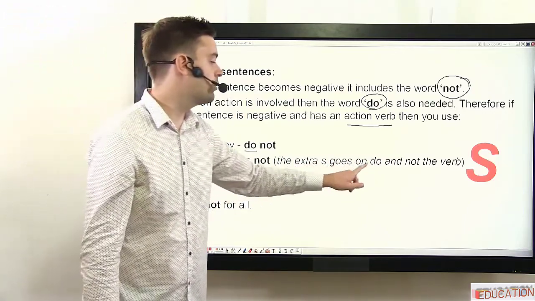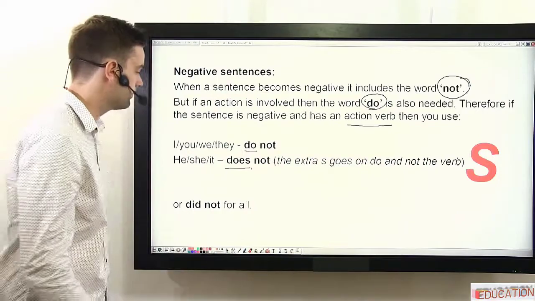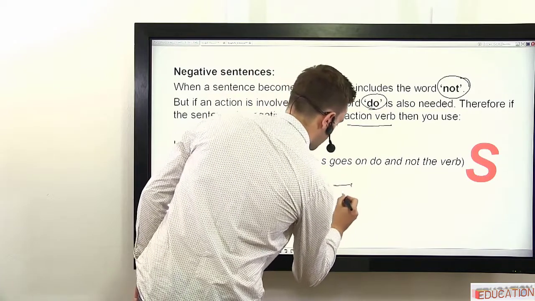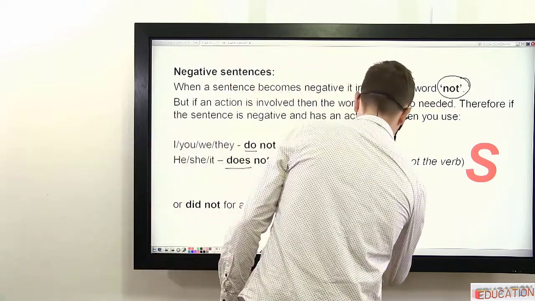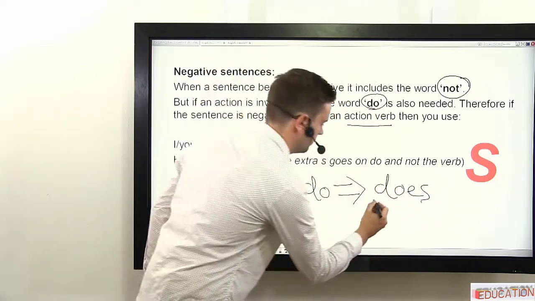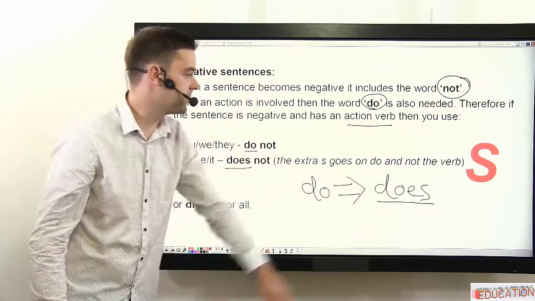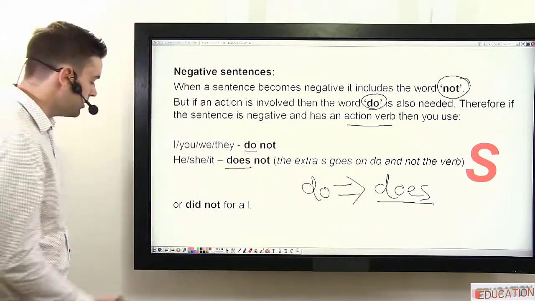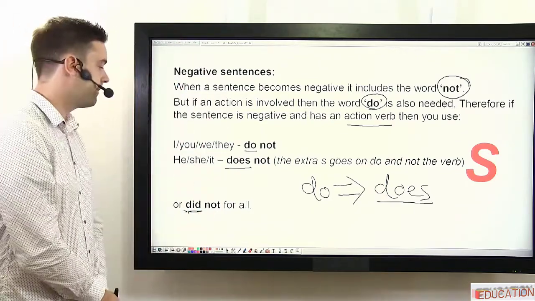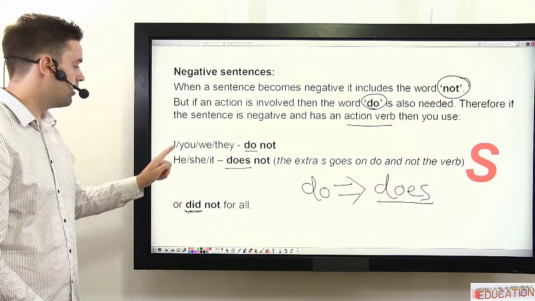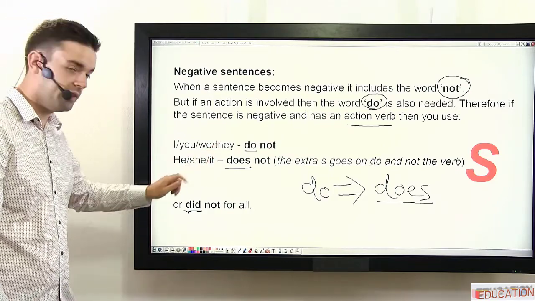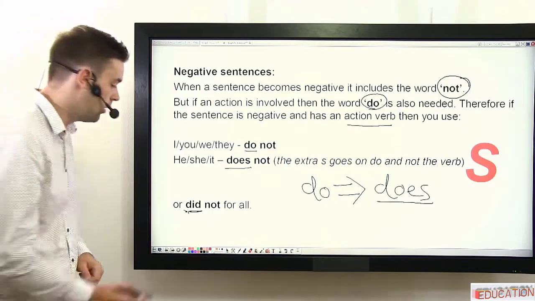The extra S goes on the do and not the verb. So do changes to does. You can also use did not, and this can be used for all of them. So I did not, you did not, we did not, they did not, he did not, she did not, and it did not. All of them.